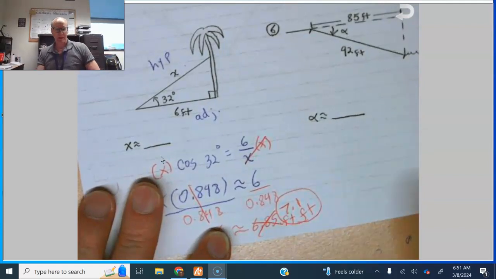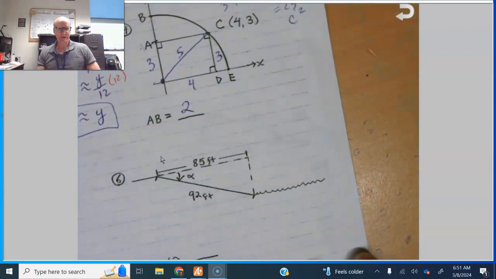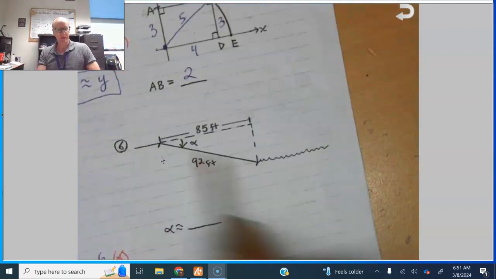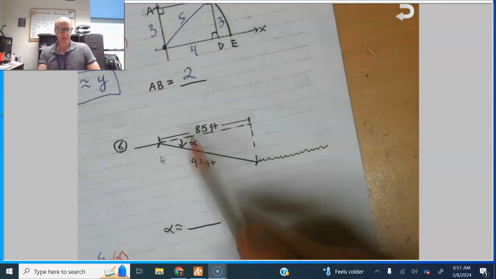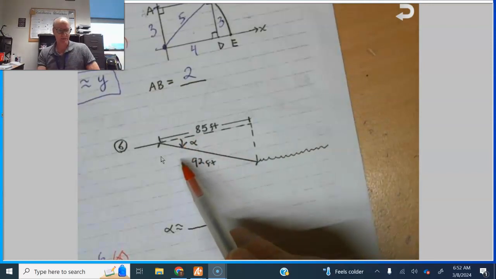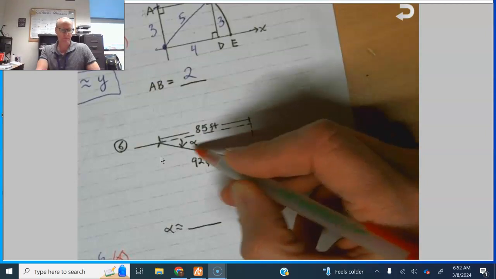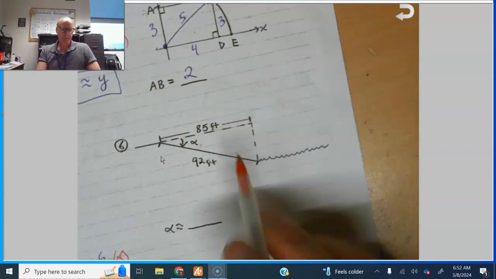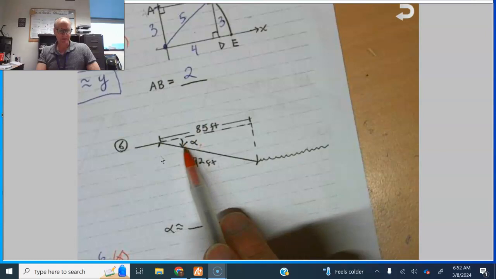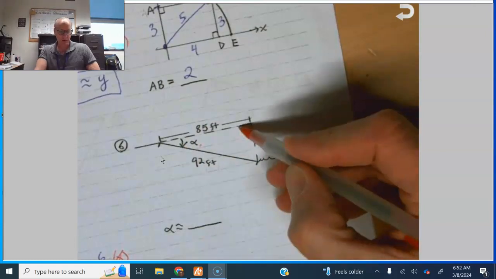Sorry about that. All right, number 6, it looks like we have a slope leading down to water. This is called an angle of declination. That angle alpha right here, that's called an alpha. It's not a fish. This is my angle of declination down to the water. This, of course, is a right angle.